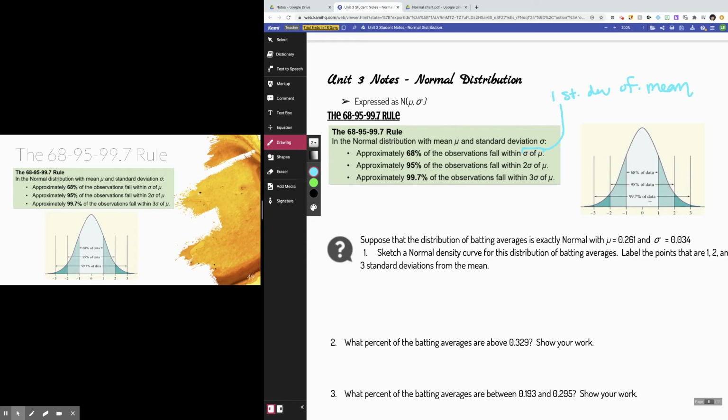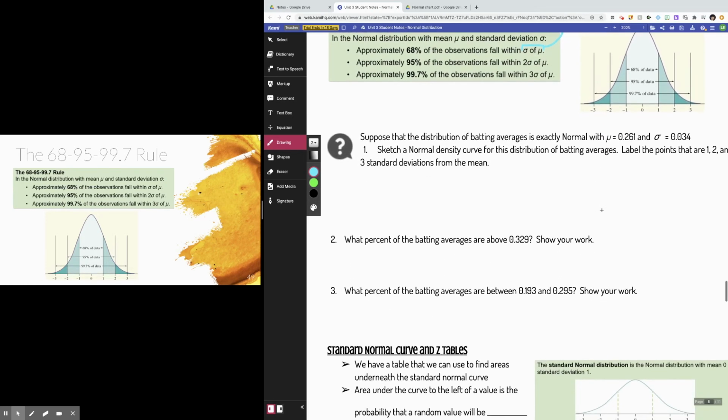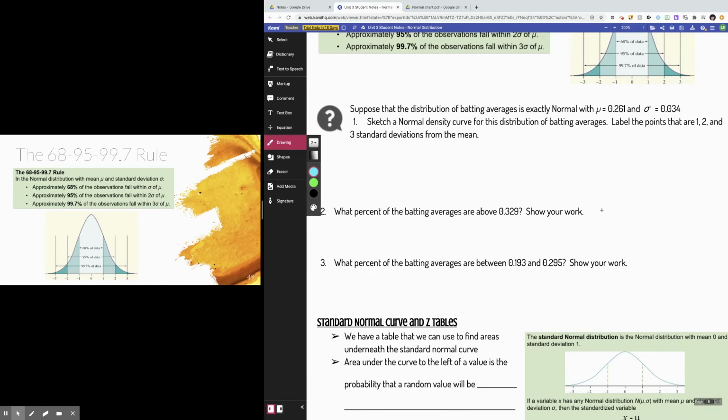Because this rule works no matter what mean and what standard deviation you're dealing with, as long as it's a normal distribution, it means that if we know the mean and standard deviation, we can calculate how likely it is to fall within a certain interval, or fall below a certain value, or above a certain value.